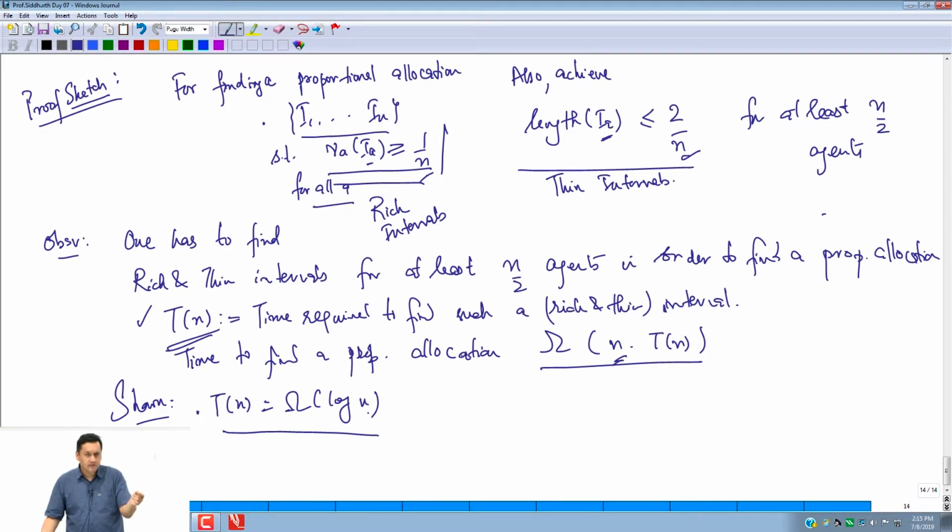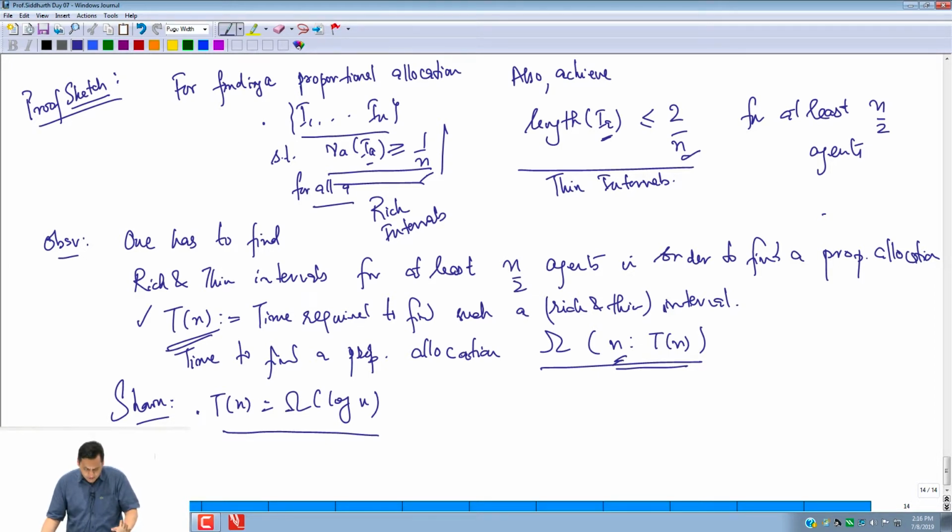You can feed an agent to this subroutine along with some interval, and the algorithm will return a thin rich sub-interval of the interval you passed, if one exists, or say there isn't one. Now, using that as a subroutine, can you find a proportional allocation using order n invocations of that algorithm? That would be a nice converse connection, and a nice open question worth thinking about. Okay.